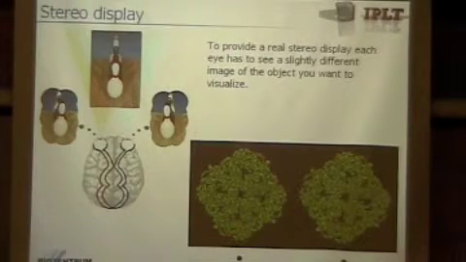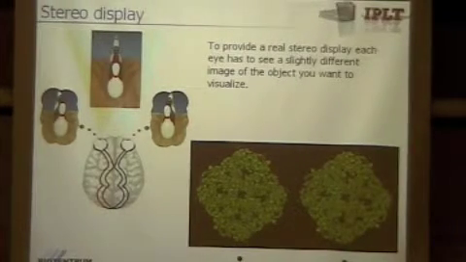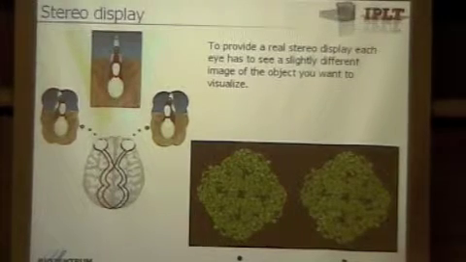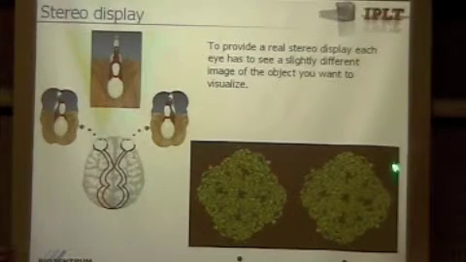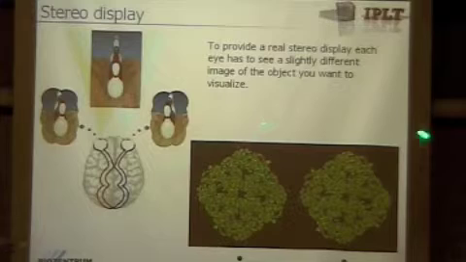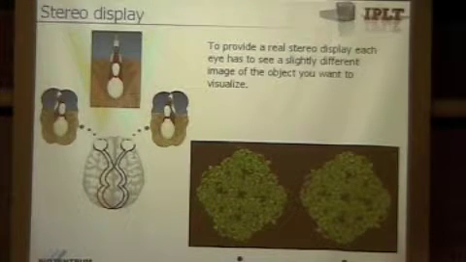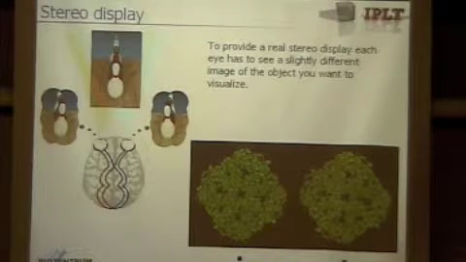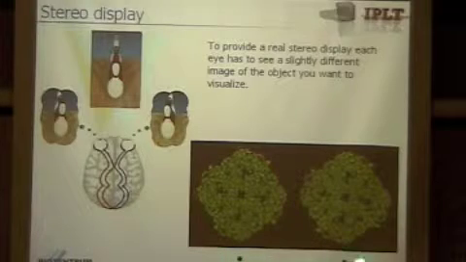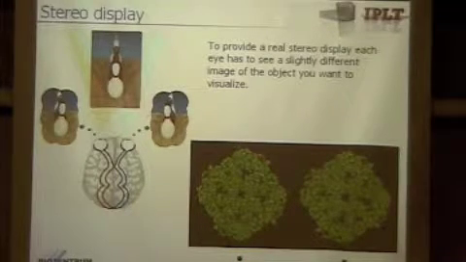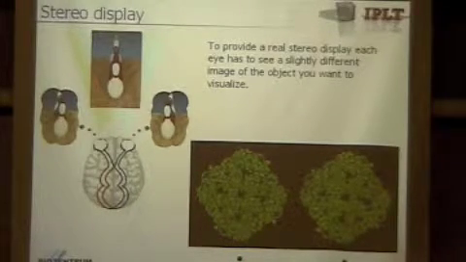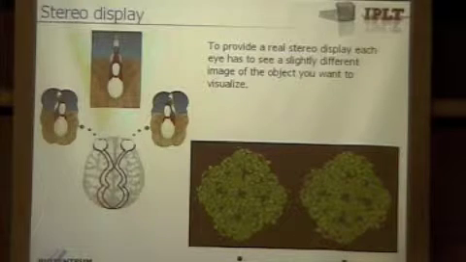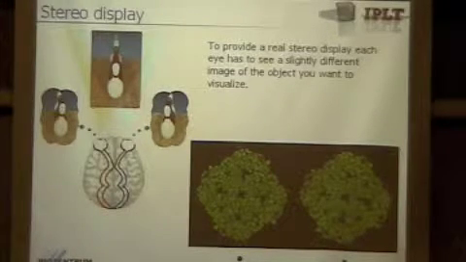With this, the brain assembles it back and sees a 3D image. One way to do it is just to draw the two images beside each other. Then you have to focus your eyes so that the two points overlap, and then you will see it in 3D. But there are also some other, technical ways which can help you to do that.